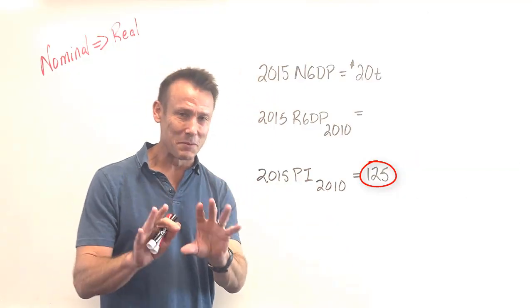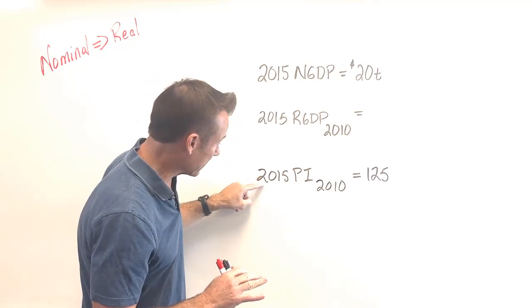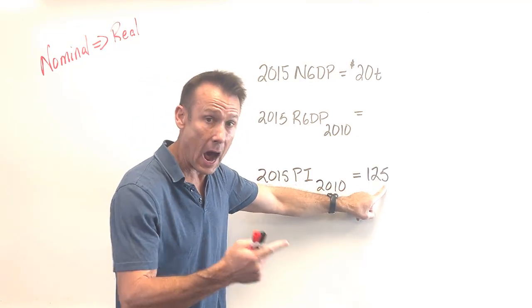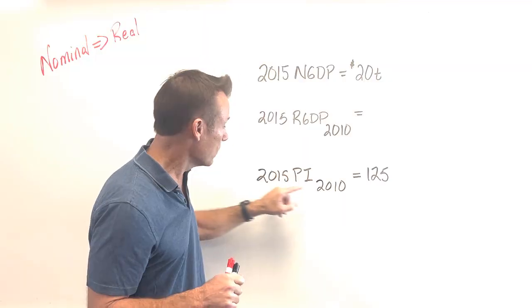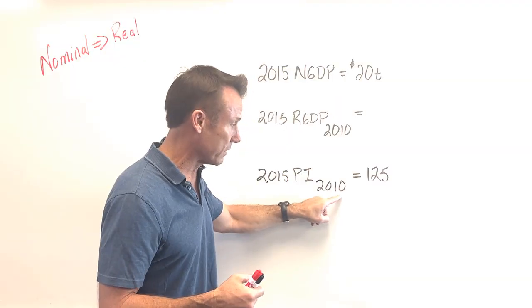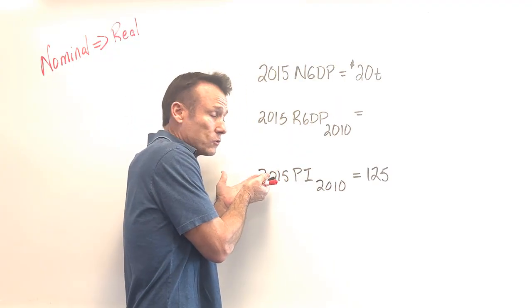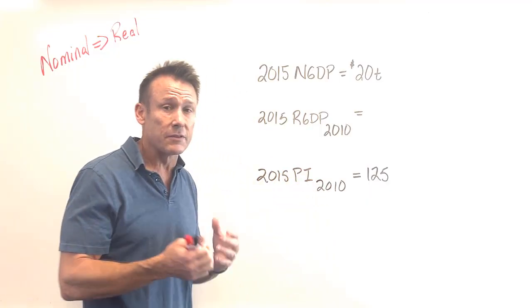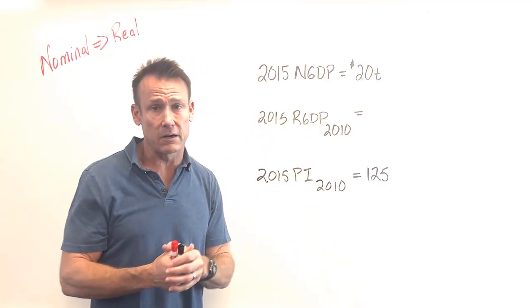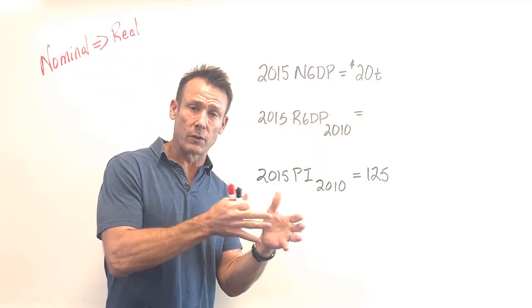So let me be clear: do not read this as prices in 2015 being 125% higher than they were in 2010. No. Prices in 2015 were 125% of what they were in 2010, which means that prices were indeed higher in 2015 than in 2010. They're just not 125% higher. They're really just 25% higher. They're 125% of what they were.